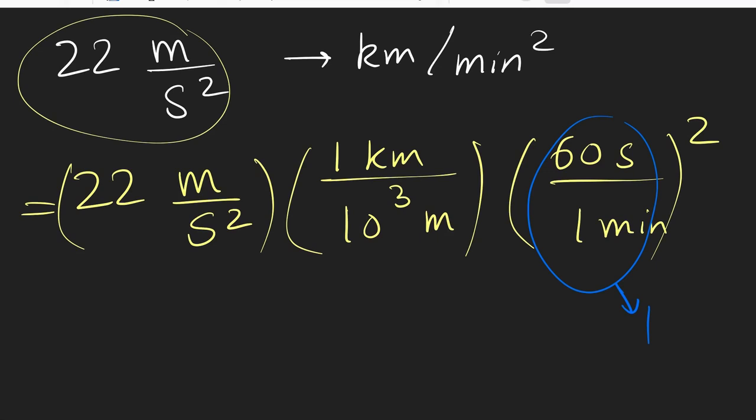So since I have a power of 2 on the second here, I can make it to the power of 2 so that they cancel each other. Let me cancel the factors. Meter cancels meter.